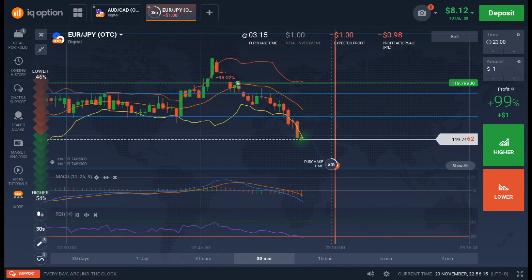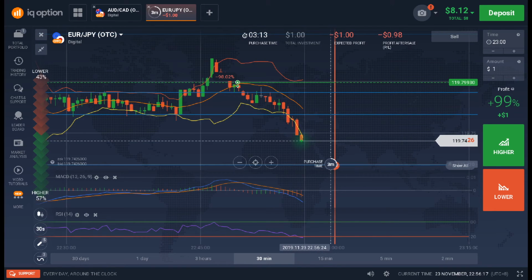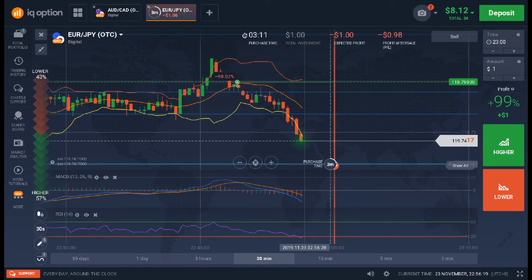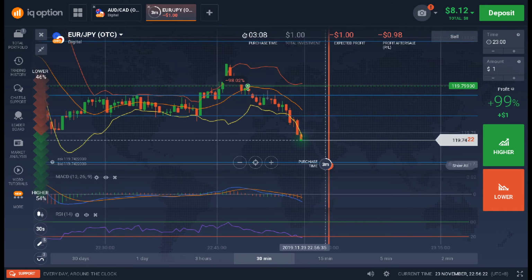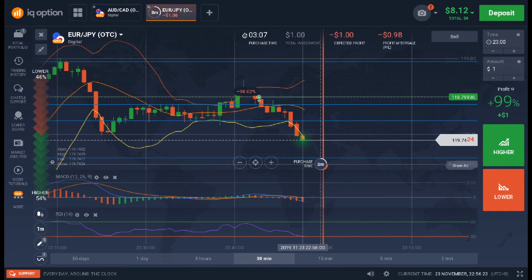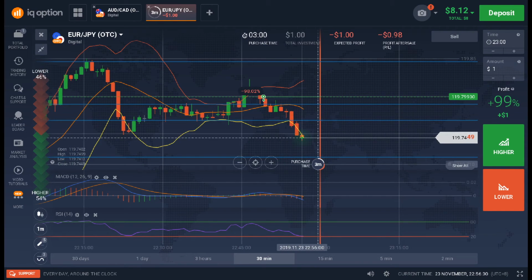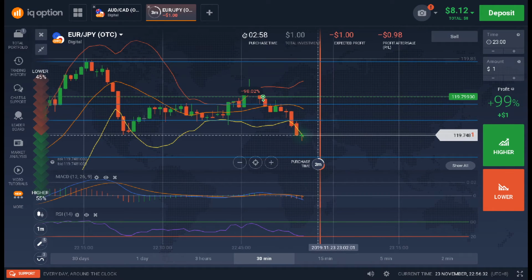Will it bounce? It might even reach this part. It might go down some more on the 30-minute chart.